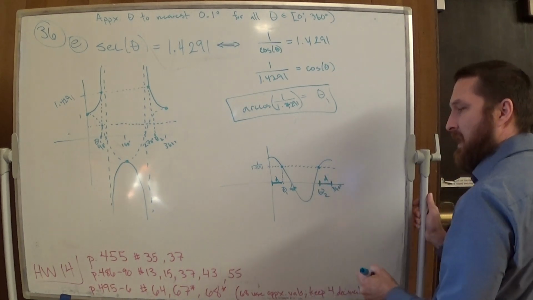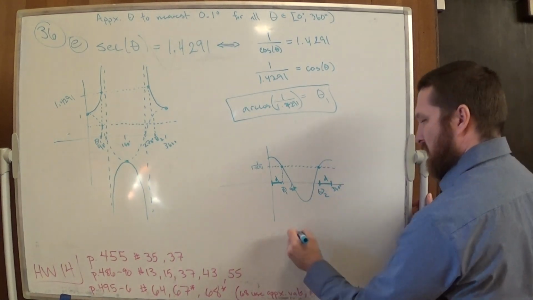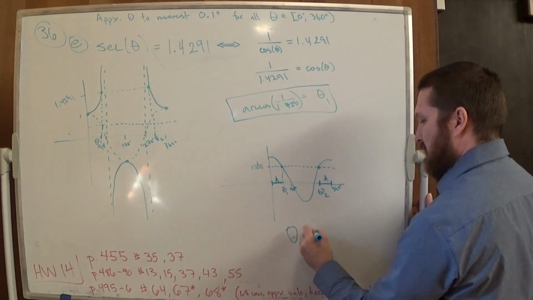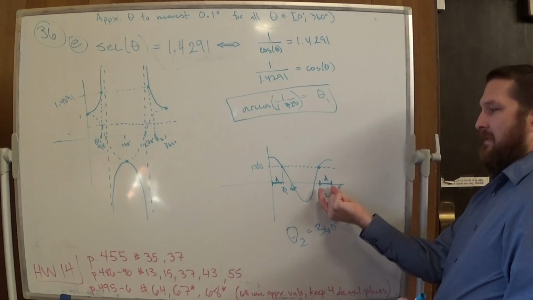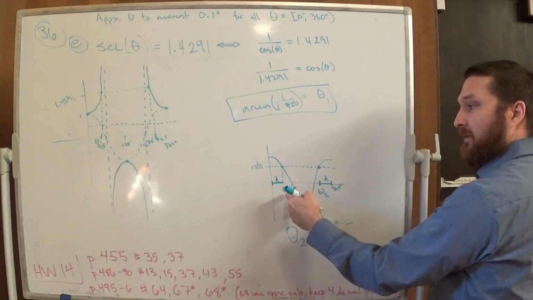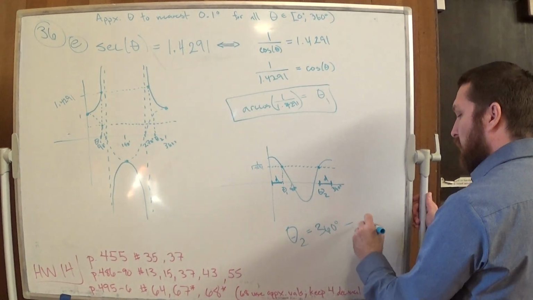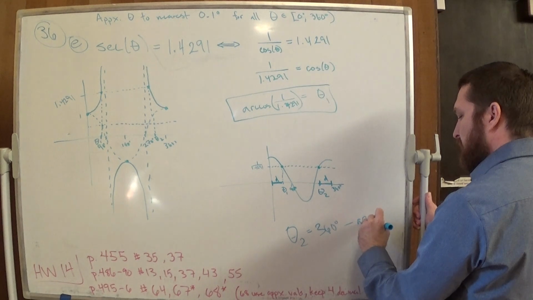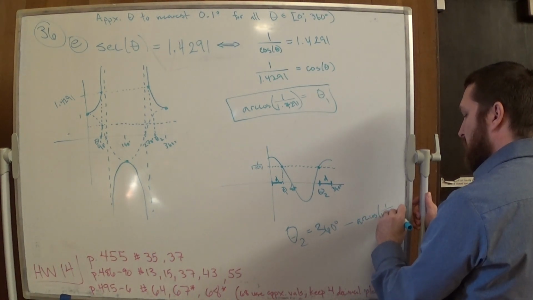This is the same as that. And so theta 2 happens at 360 degrees minus that bit right there. That bit happens to be the same as that number, so minus theta 1, or in this case, arc cos of 1 over 1.4291.